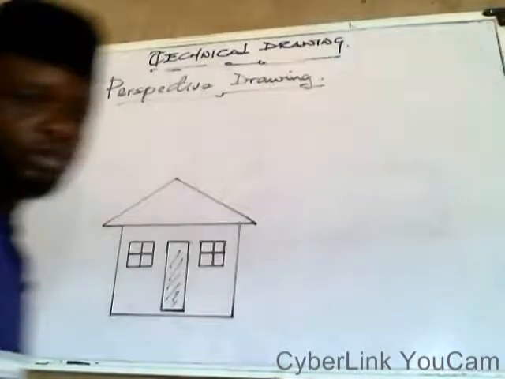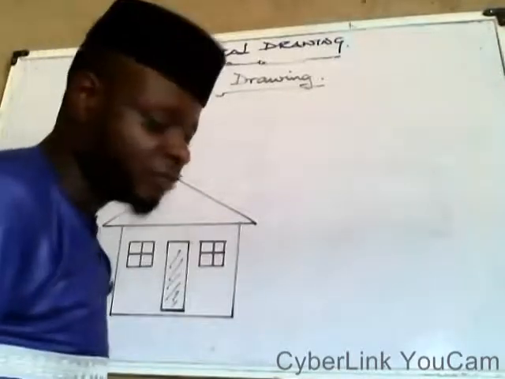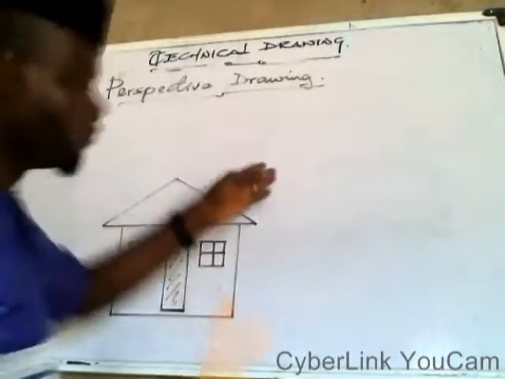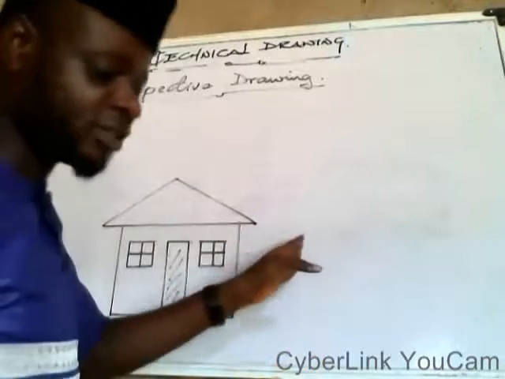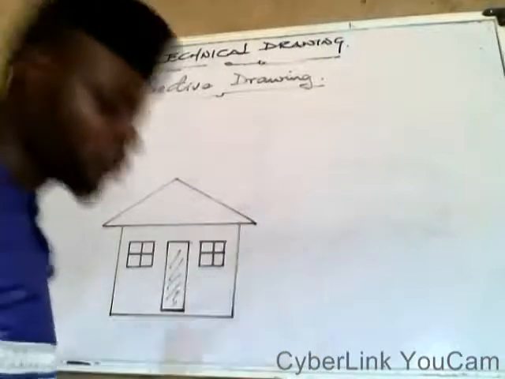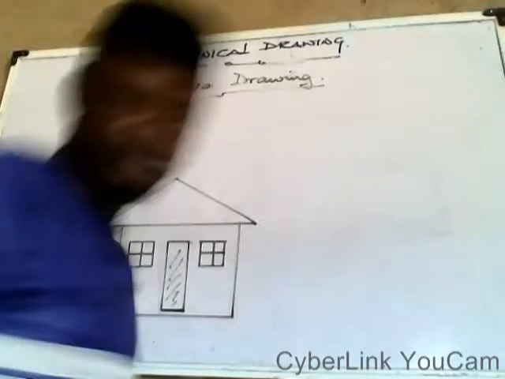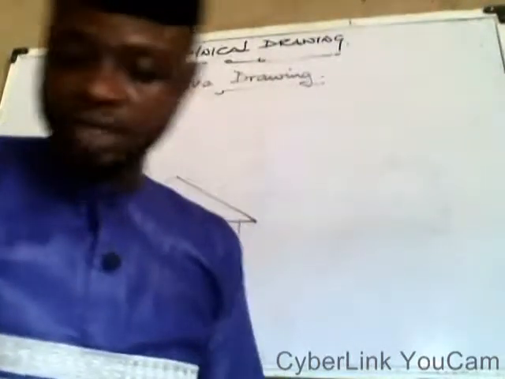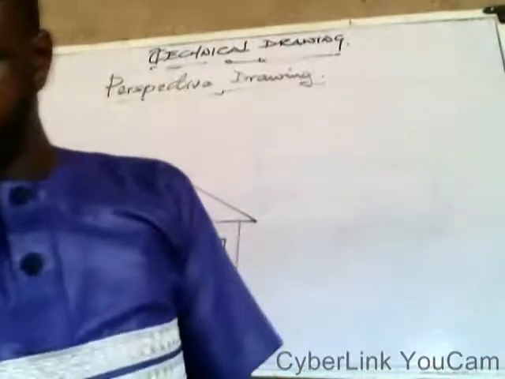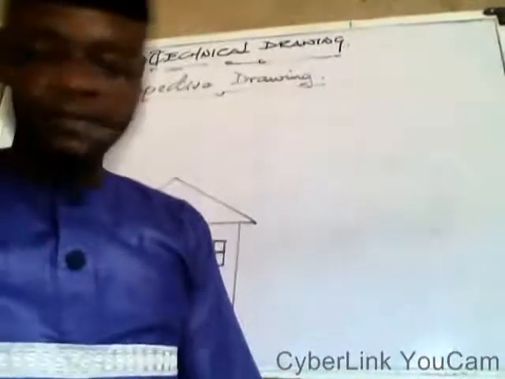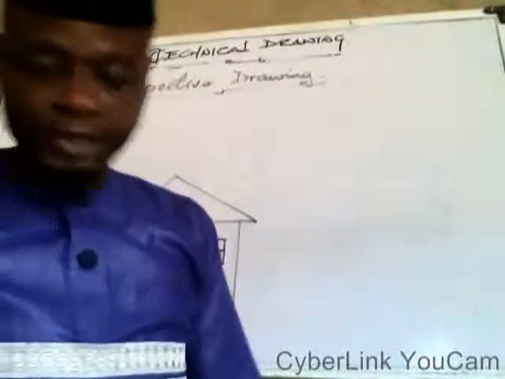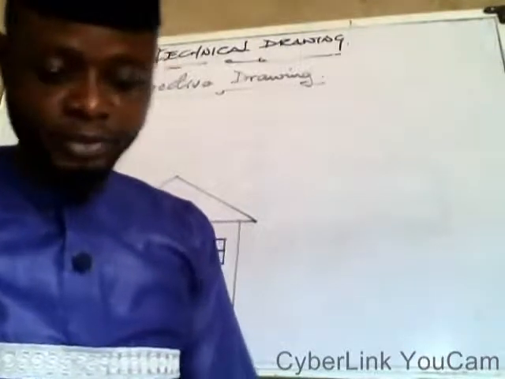So we want to draw the perspective of it. That one will show the other side of the roof, and it will show the side of that building. So let us have our vanishing points. From the previous note I gave to you, I defined vanishing points.